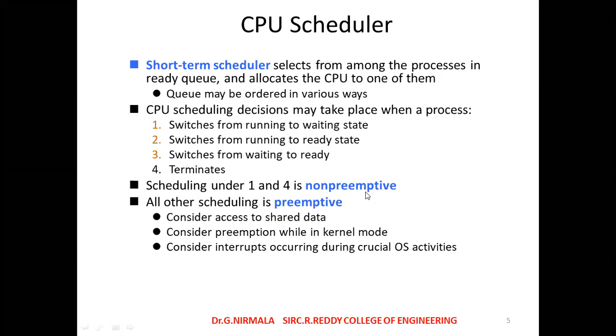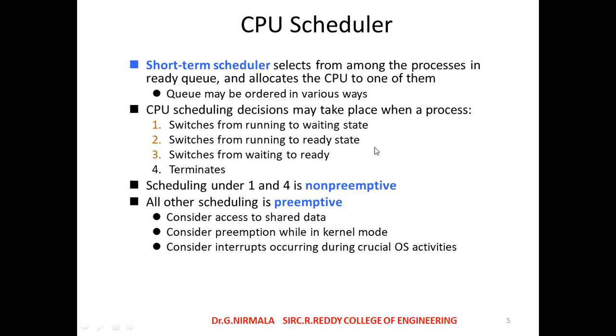Non-preemptive means once the process has been allocated the CPU, until entire completion of that process, the CPU stays with that process only. It may not be preempted. The CPU may not be removed from that process. That is called non-preemptive.